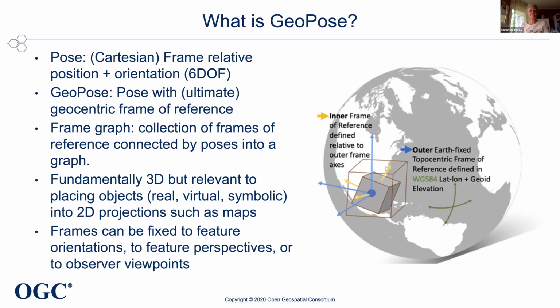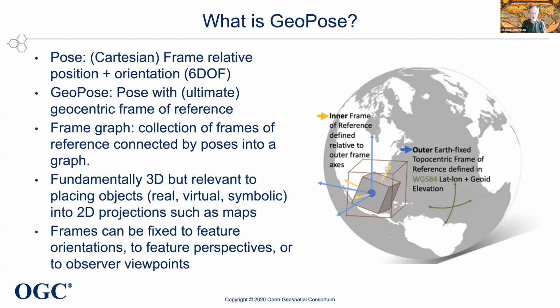Next slide, please. I just make a quick comment here, because there's this thing about frames here that may be confusing. Of course, the basic part of this is orienting an object, but the way that's done is by fixing a frame of reference. And as Christine said, a Cartesian or possibly Eulerian frame of reference, but you're fixing this frame of reference to something. For a GeoPose, one of the 2 frames that is providing that position and orientation is fixed to the Earth.